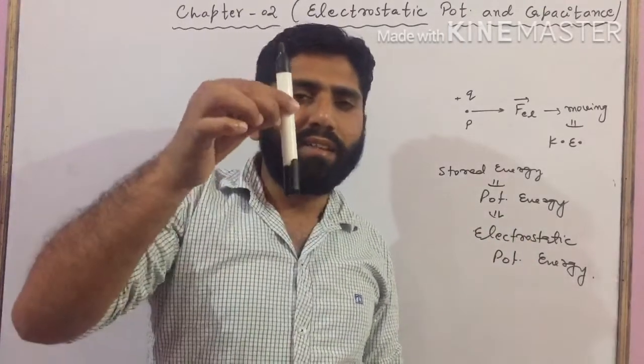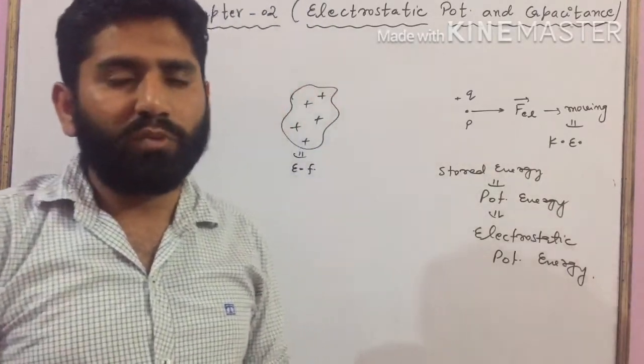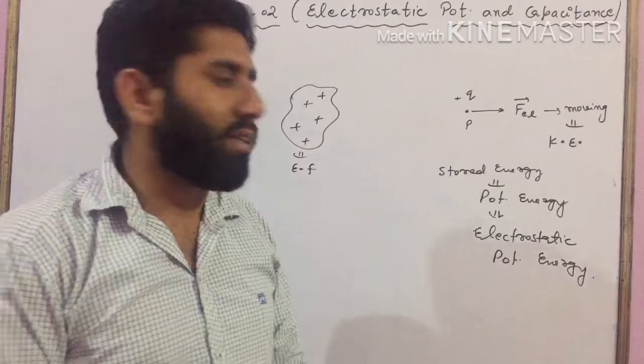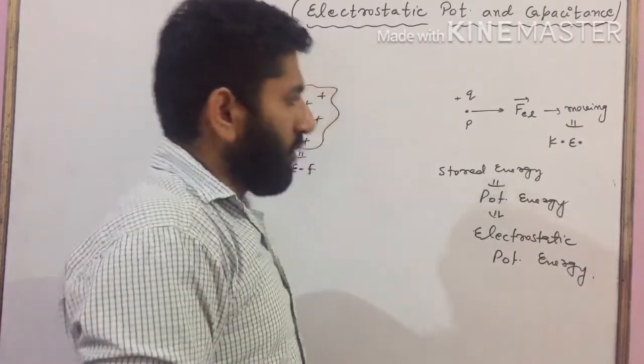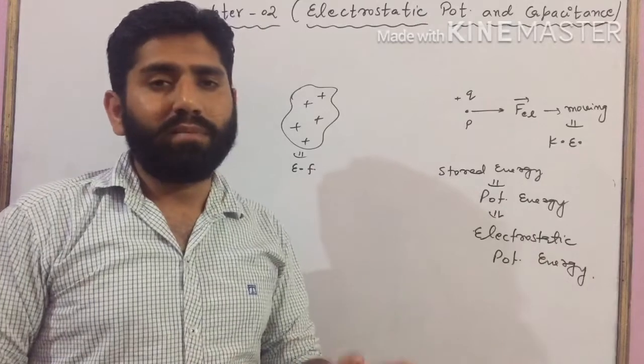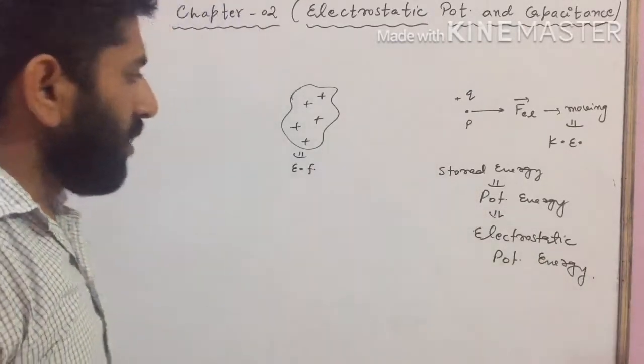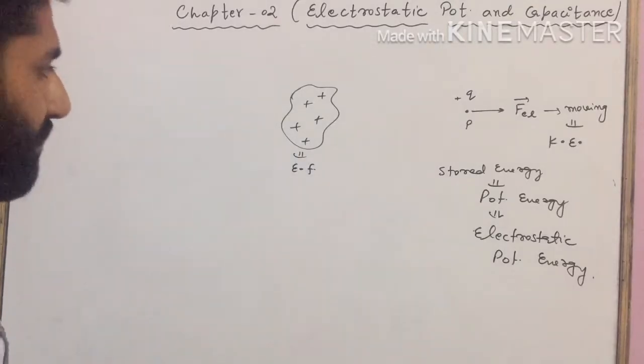Like in this case, this object is having its potential energy due to the gravitational field, so we call it gravitational potential energy. So whenever some charge is in some electric field, it will have some electrostatic potential energy. Fine. So we understood this concept.